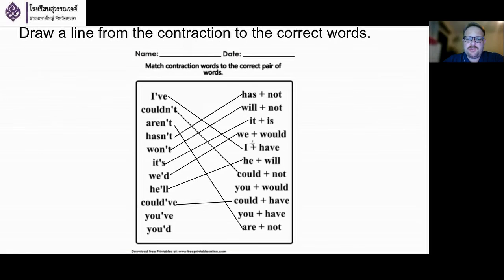Just like up here, whenever it took the place of 4 letters, it can do that. It's shortening. It's making it a contraction. You've, you have. You'd.